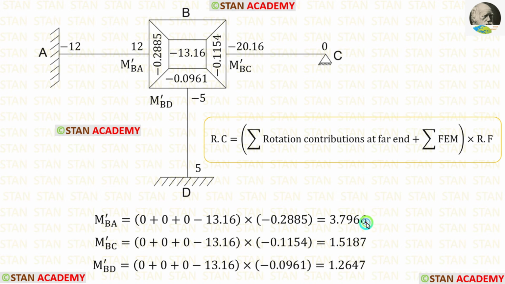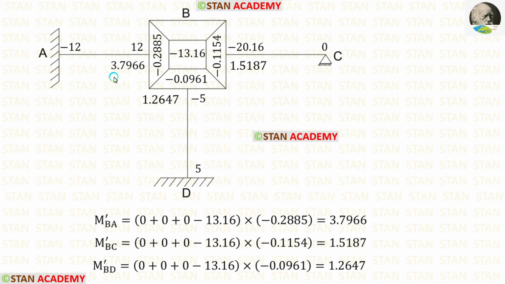After the calculations, we are getting M-BA, M-BC and M-BD. Let us enter the values of M-BA, M-BD and M-BC. In this analysis, we have only one joint, so only one iteration is enough. We don't have to go for the second iteration. Even if we do the second iteration, we will get the same values.